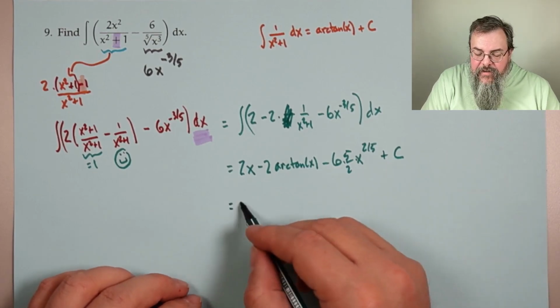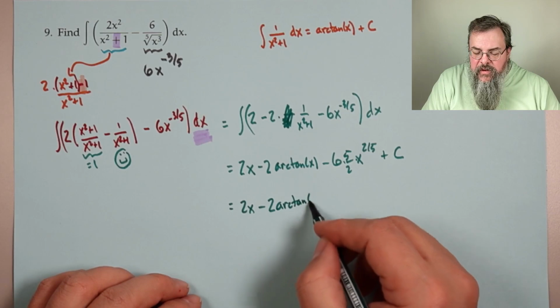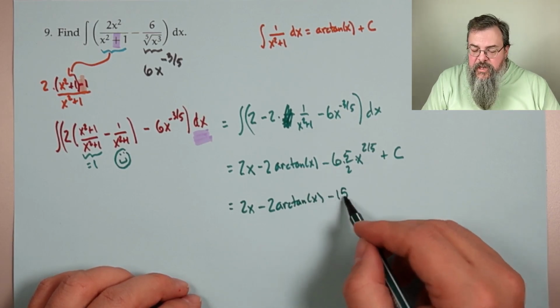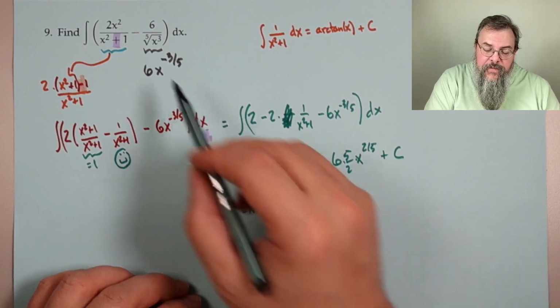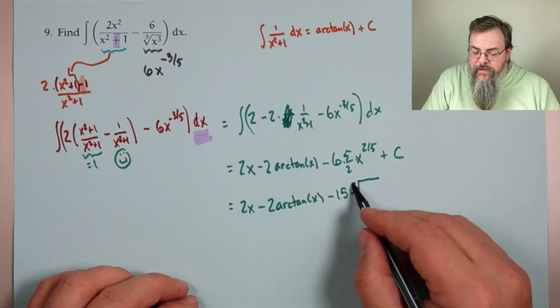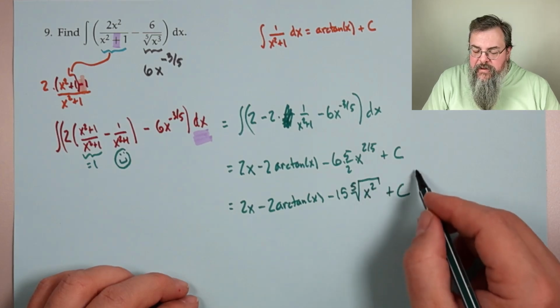All right, so that's 2x minus 2 arctangent of x. And 6 divided by 2 is 3 times 5 makes 15. And if you wanted to, you could rewrite x to the 2/5 in a very similar form. Why not? Just for fun. The 5th root of x squared. Toss in a plus c.